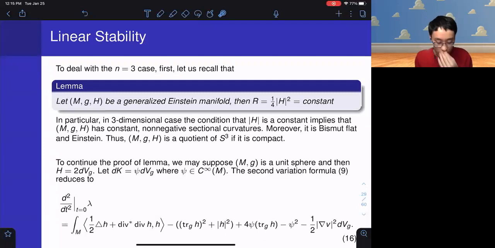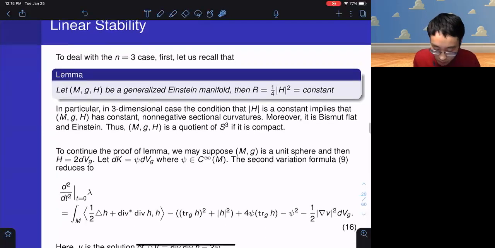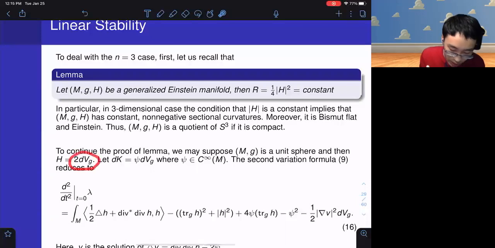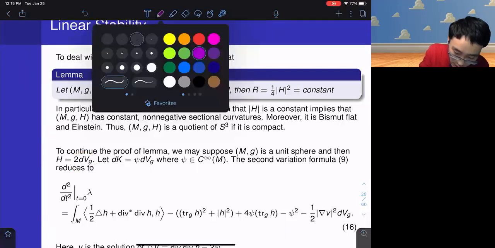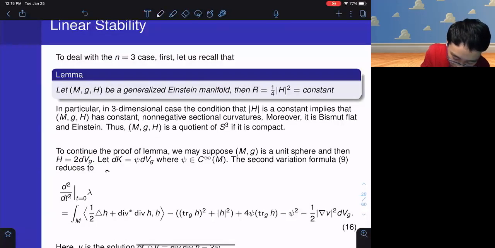So to continue the proof of the lemma, we may suppose that our M,g is a unit sphere. Then if it is a unit sphere, and we write H to be 2 dVg, then the sectional curvature is constant and it should be 1.